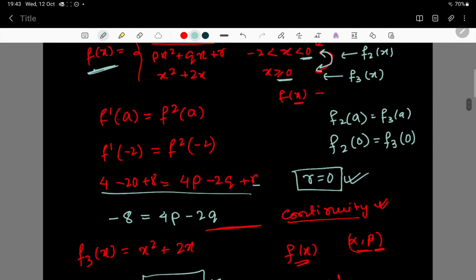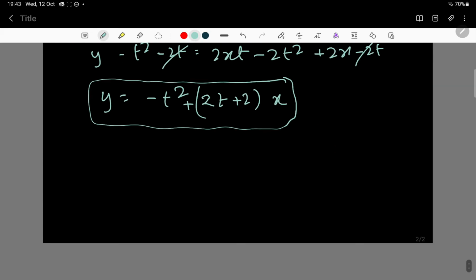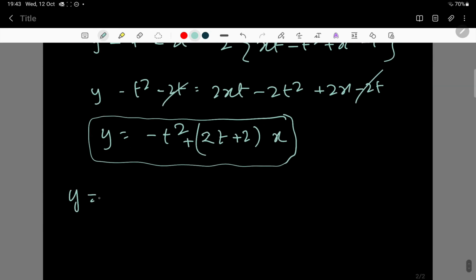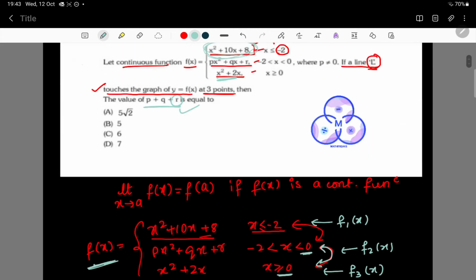Okay, now since it's a common tangent, this line, that is y, will also be a tangent of this particular function, that is f1. So y equals 2t plus 2x minus t square is also a tangent to f1x, that is x square plus 10x plus 8, if I'm not mistaken.